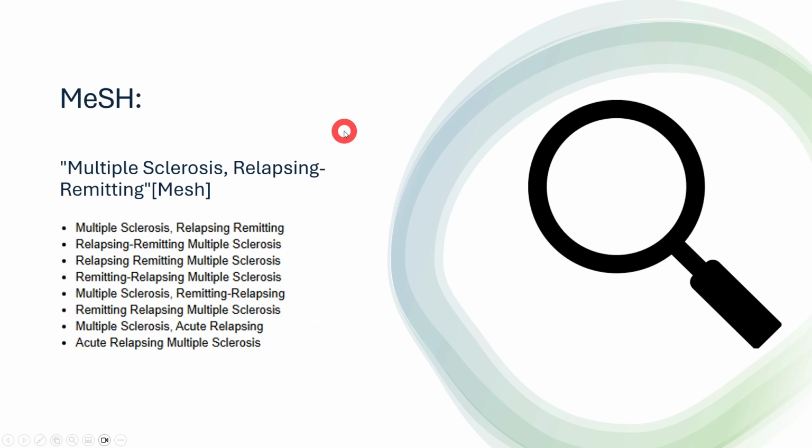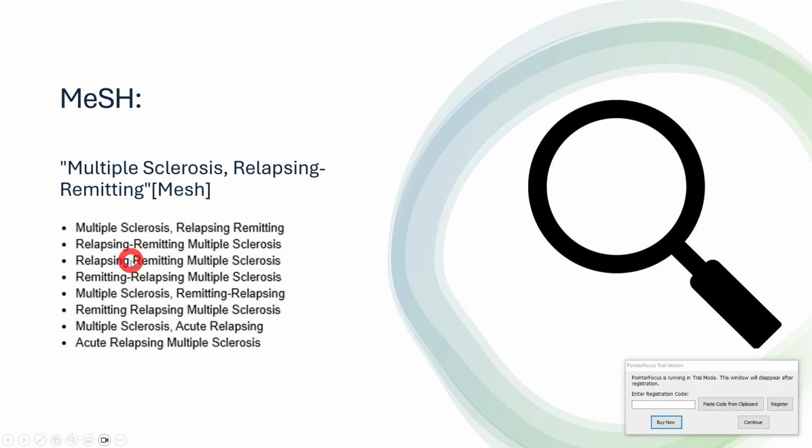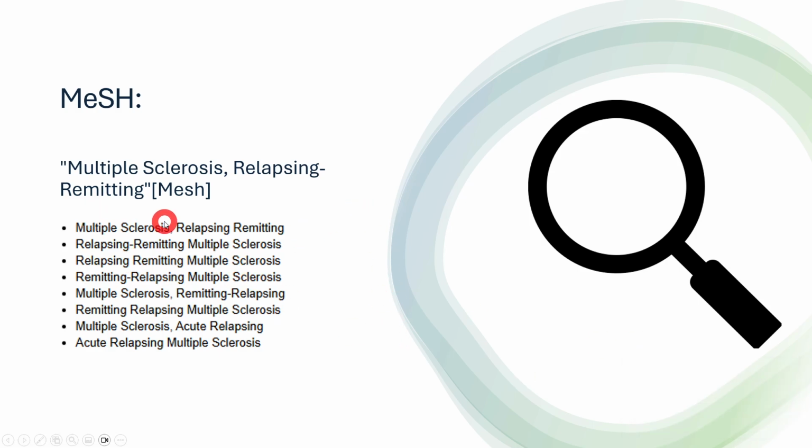By just typing this in within PubMed, it automatically knows to include these search terms as well. So I don't have to type all of those different ways out. PubMed does that for me if I include a MeSH term. I strongly advise you to always include MeSH terms if there is a MeSH term available. It just adds extra information.